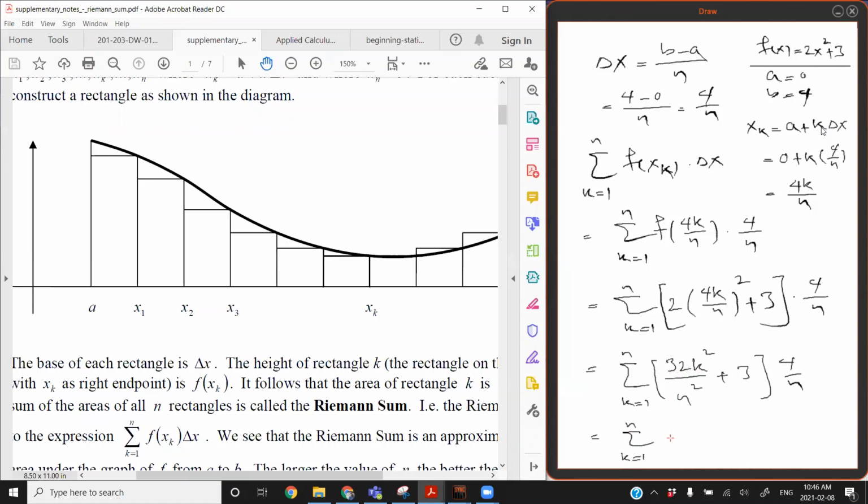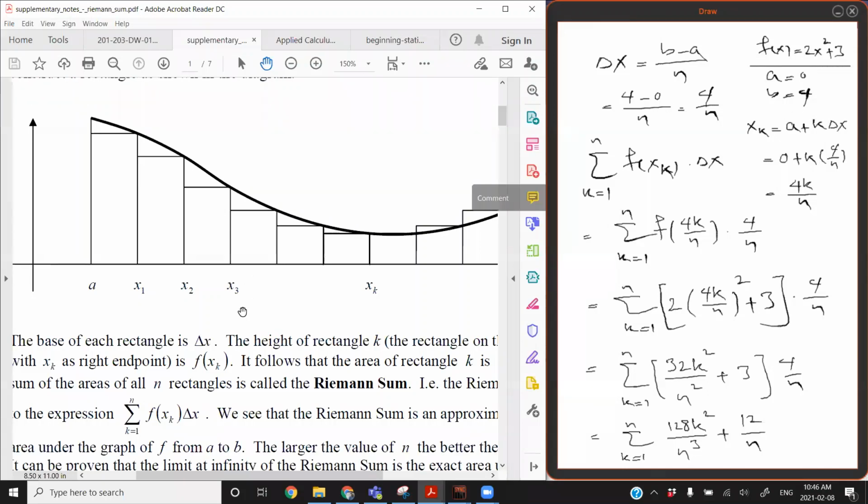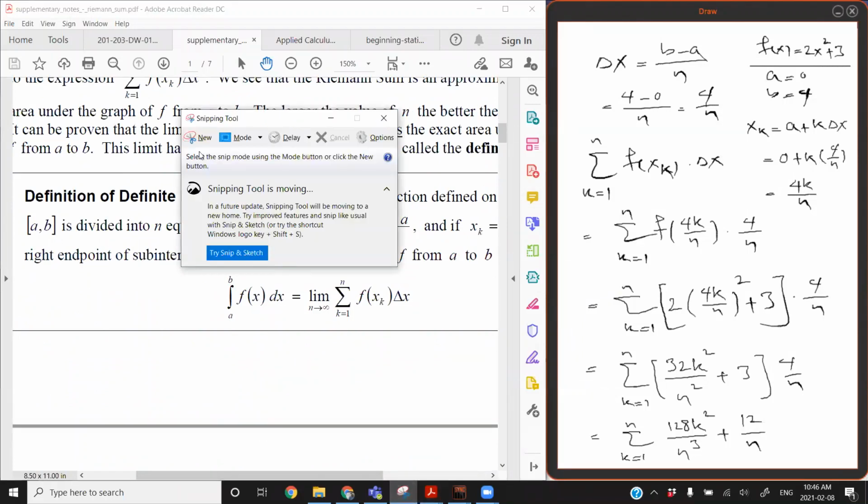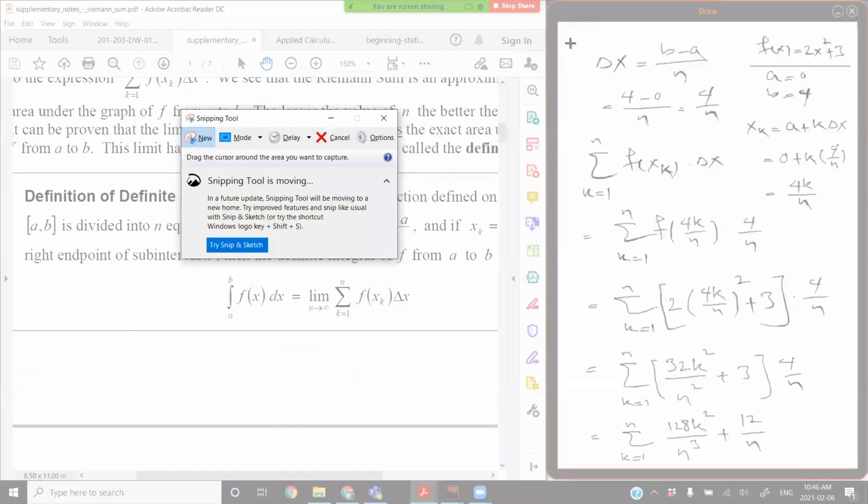I get 128 k squared over, if I multiply the n and the n to the power of 2, I get n to the power of 3, plus multiplying these two, I get 12 over n. You're good so far? Any questions? Okay, so let me keep this.